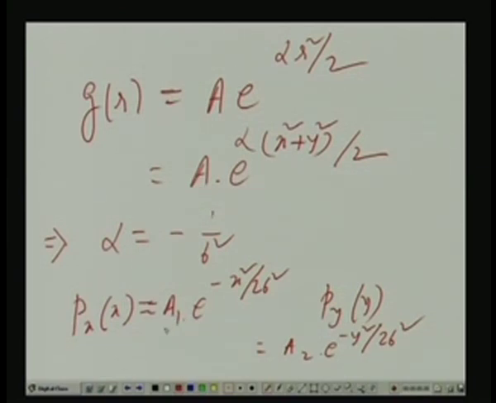So, A1 is 1 by root 2 pi sigma and this is 1 by root 2 pi sigma. So, it should be 1 by 2 pi sigma square, otherwise it does not become a probability density function. So, you see this form immediately suggests a product of two Gaussian probability density functions with 0 mean, that is why x square is coming, not x minus mu whole square, just x square, and alpha is common, which means the same variance.